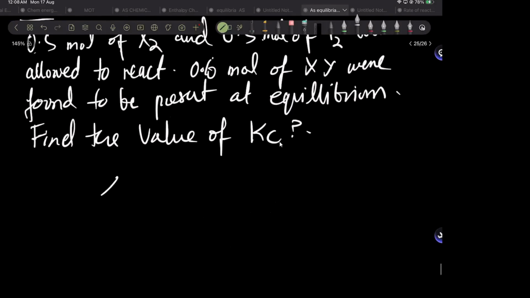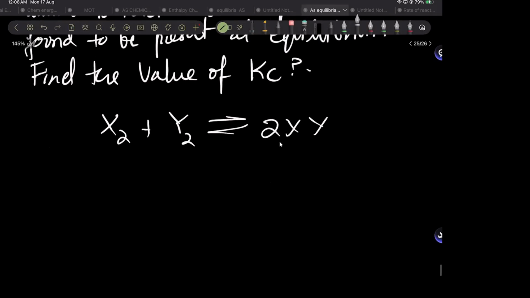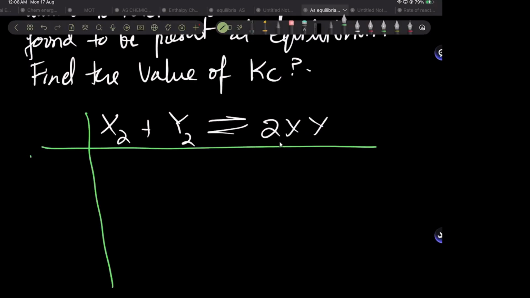And the equation is X2 reacts with Y2 to give you 2XY. Now, what should be my first thing that I should be doing over here? I should be making the table, right? So the table includes the initial moles, then the used, and then the equilibrium moles.